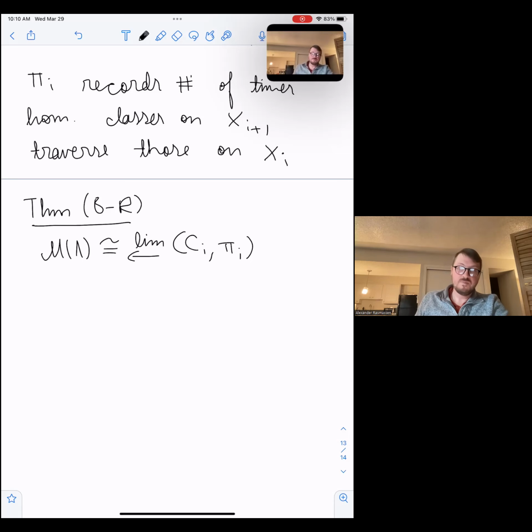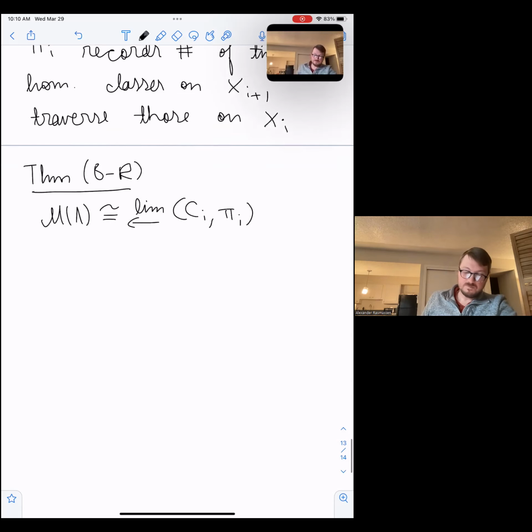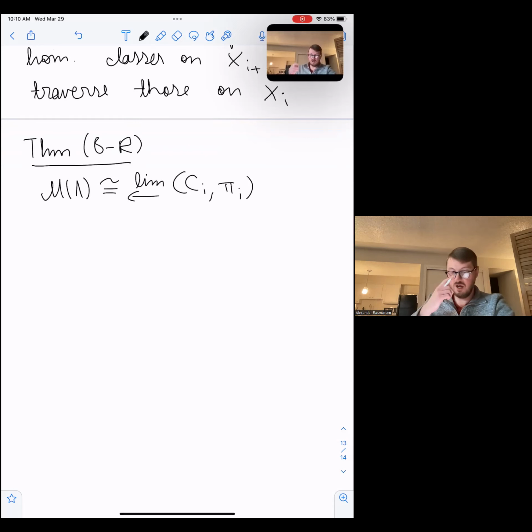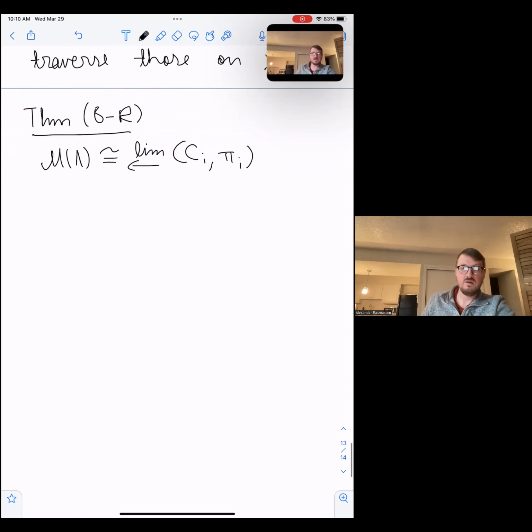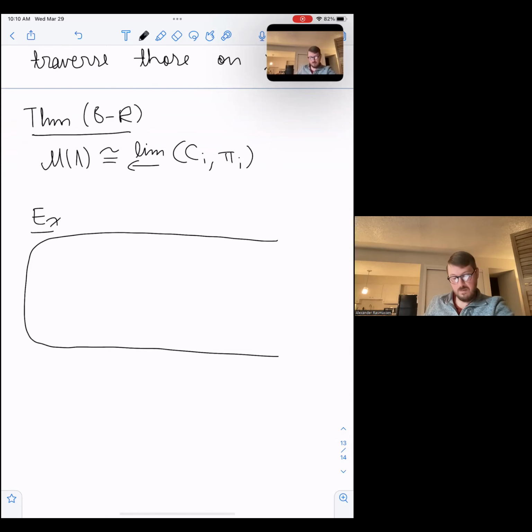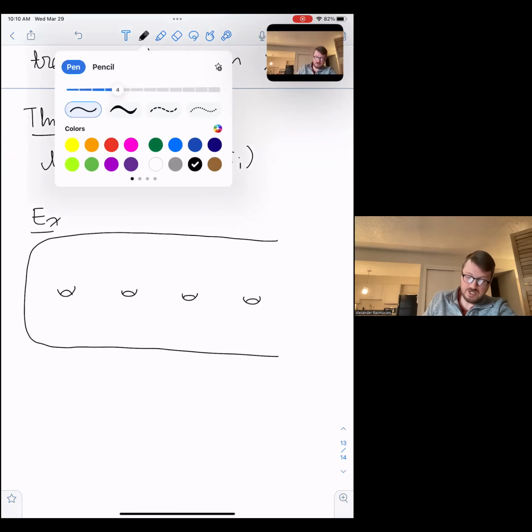Okay. So again, this theorem works if there are compact sublaminations. You just need to work a little bit harder to state what the maps are. So let's run through one example just to make sure that this theorem actually works. So I'm going to draw a pretty simple geodesic lamination.